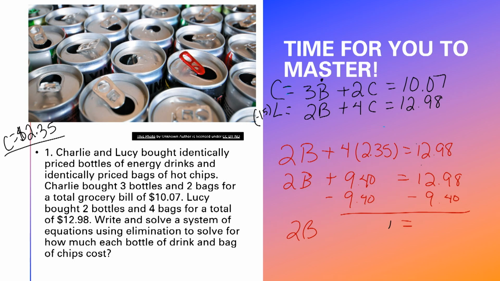So 12.98 minus 9.40 gives me $3.58. I'm going to divide by 2. And my bottle of energy drinks equals $1.79. So if I wrote that up here, B comes first, so I'm going to put 1.79 comma 2.35. So that is how I got my bottle amount and my chip amount.